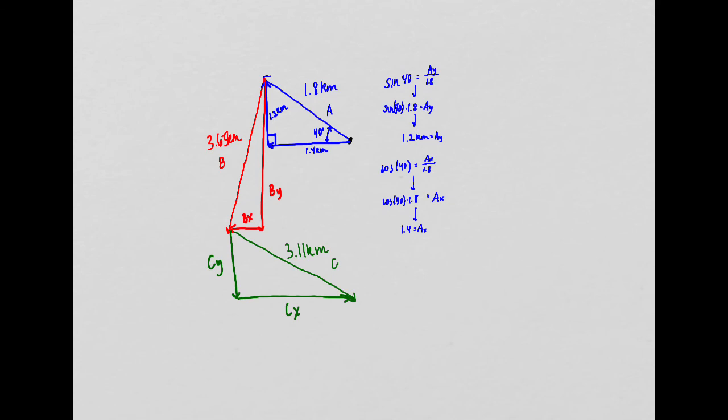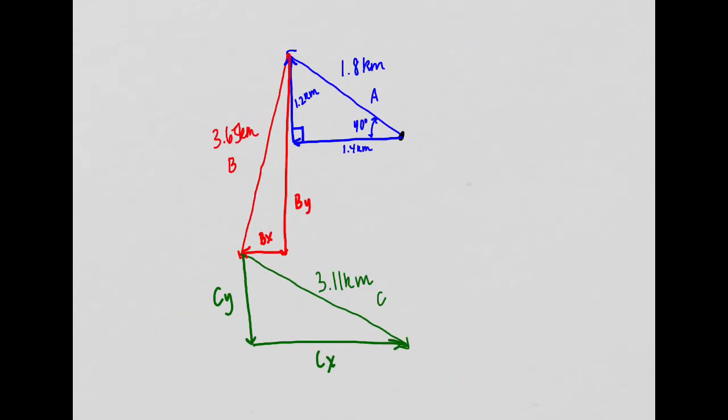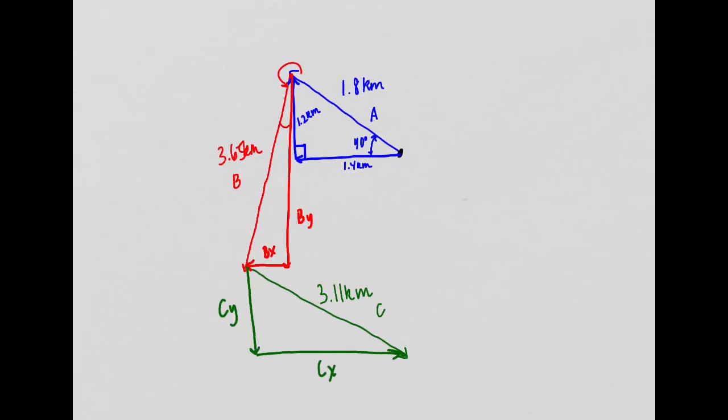So now we can solve for our red one here, for B. We're going to do the exact same thing that we did. First we have to verify what theta is here. We have this angle right there, but our theta, we don't know. But we can figure it out because B is at a 252 counterclockwise of east direction.